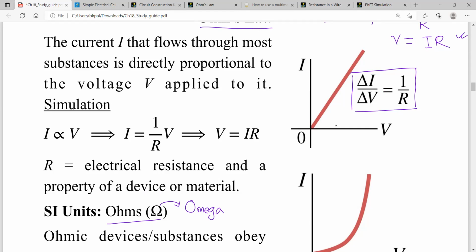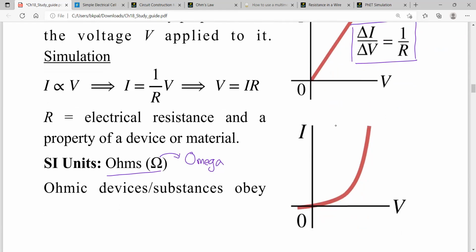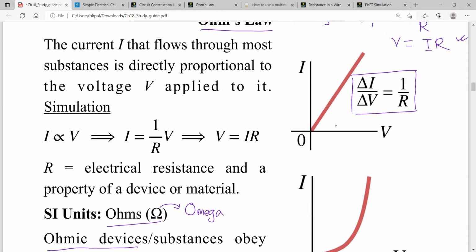Now you will find two types of devices. Some devices or substances follow Ohm's law. We call them ohmic substances or ohmic devices. And there are some substances or devices that don't follow Ohm's law. Following Ohm's law means the I versus V graph is something like this, a straight line.